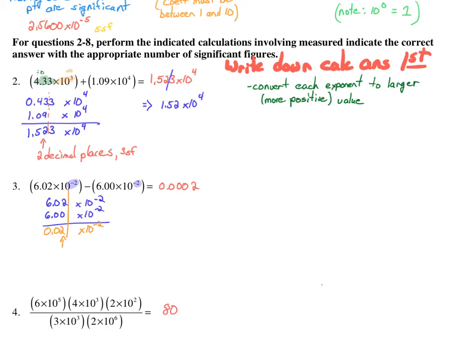We can only go to 2 decimal places, and this results in a number with just 1 sig fig. Our calculator answer is already expressed with 1 sig fig, so we can leave it here. This is one way to express the correct answer with the appropriate number of sig figs. And we can also write it in scientific notation as 2 times 10 to the minus 4.